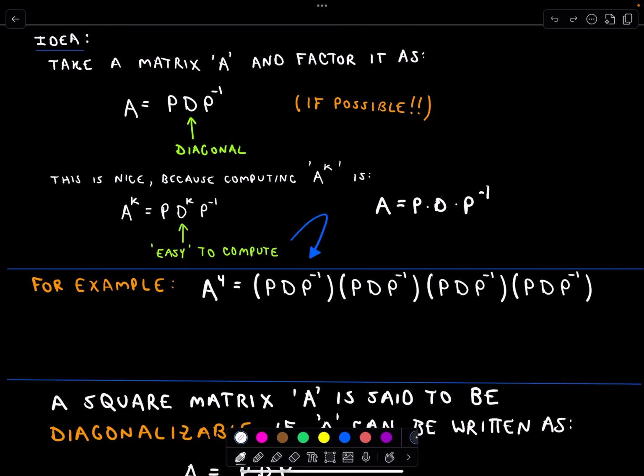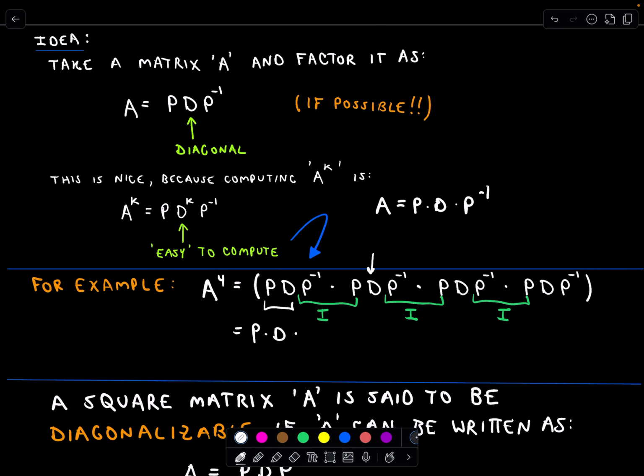But notice what's going to happen if we simplify. Notice that P inverse and P just turn into the identity matrix. The identity matrix is just like multiplying by 1, so we can just ignore it.